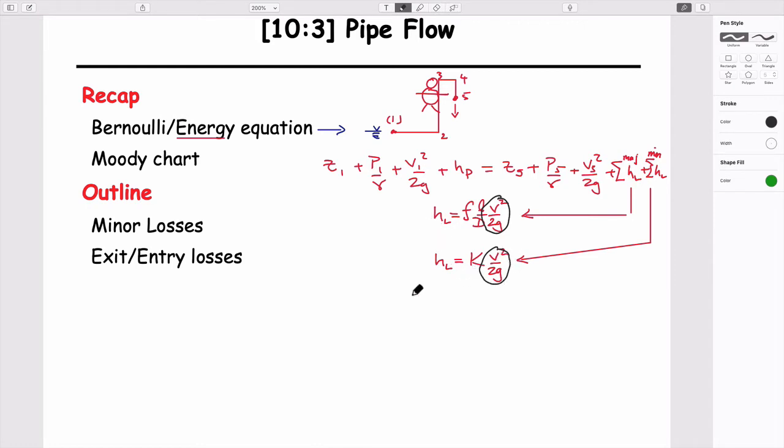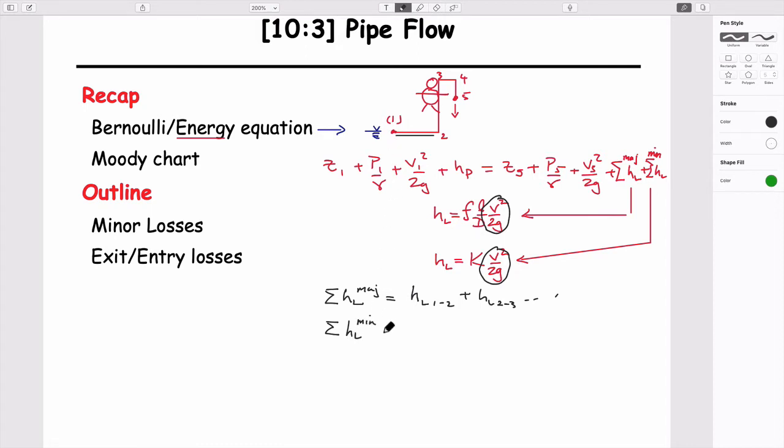And so in this particular case, the sum of the head loss terms for the major ones would be equal to the head loss 1 to 2, so something in this pipe here, etc., plus the head loss 2 to 3, etc., all added together. The minor head losses would be the individual ones.